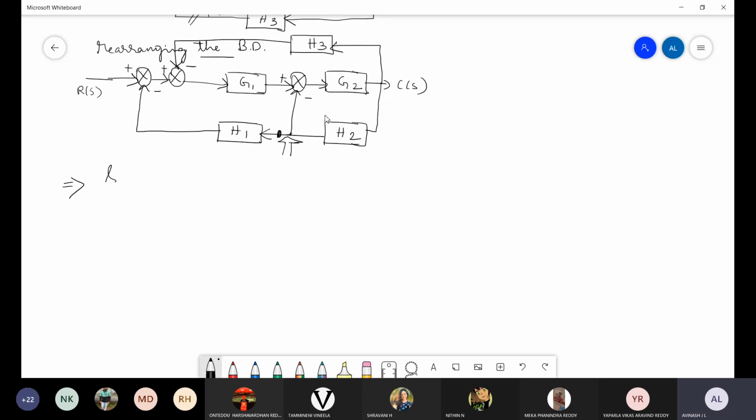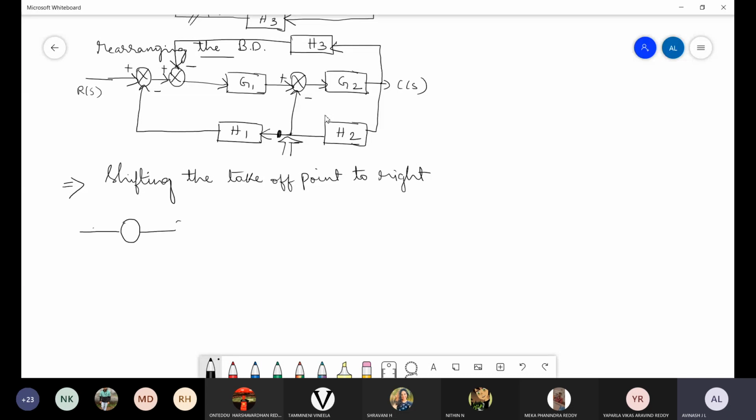Shifting the takeoff point to right. So once you're shifting the takeoff point to the right, you can see that no other block is going to get altered.